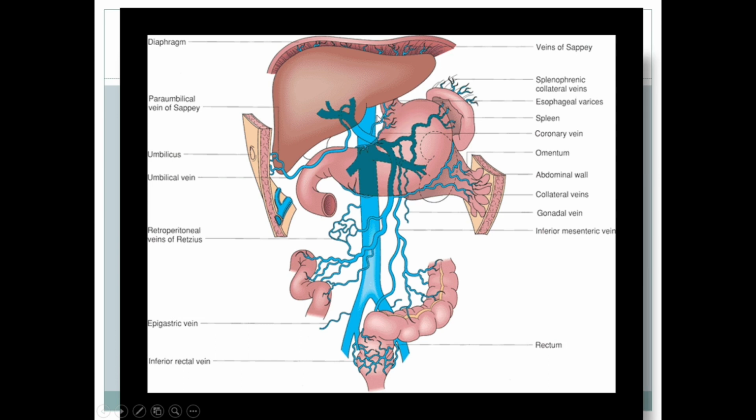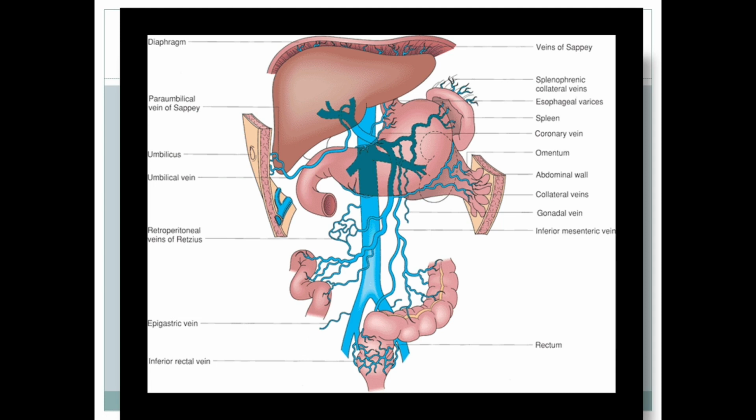At the level of the gastroesophageal junction, there can be multiple veins which are dilated and tortuous, and that is why they are known as varices. Because they are at the level of the esophagus, they are esophageal varices. These esophageal varices occur just below the mucosa of the esophagus. They are dilated, tortuous, and just below the mucosa.